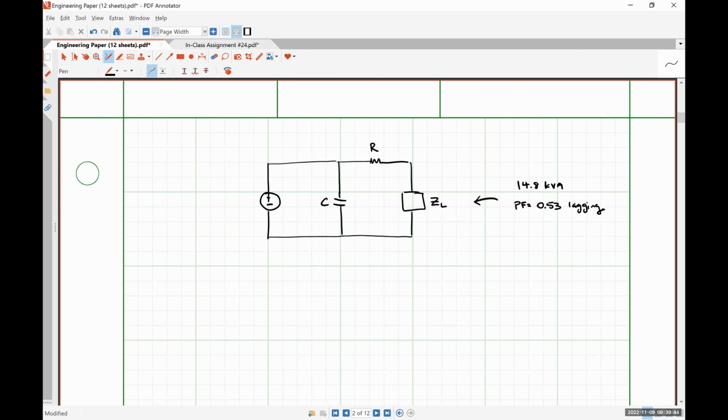R is 5.4 ohms, so I'm going to write this up here. We know the current flowing through the load, but we only know the magnitude of the current.